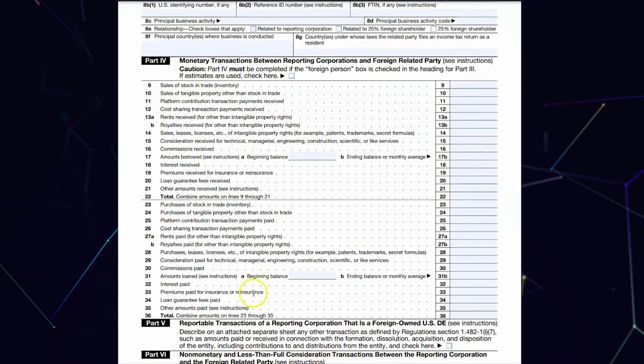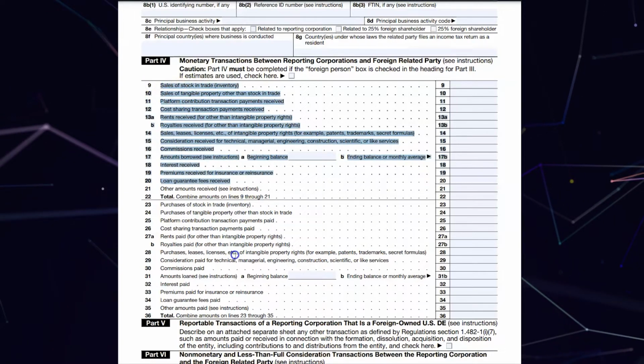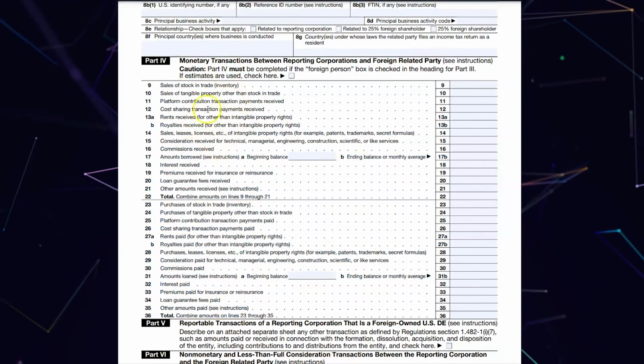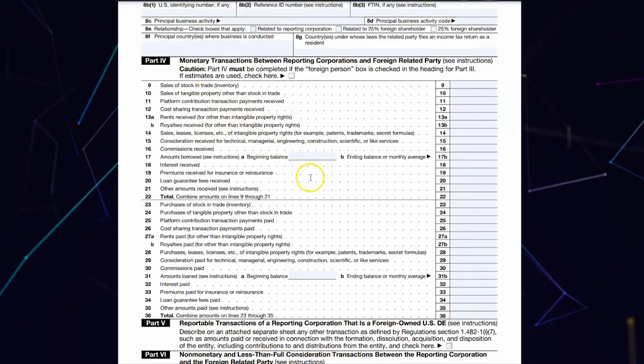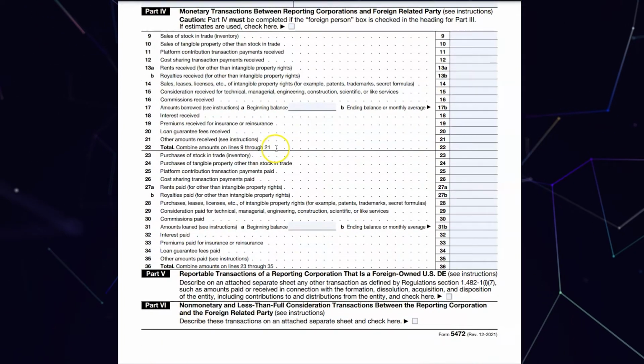So you go through all of this list to see if you have any transactions listed here. Normally, these transactions are expenses that either increase or decrease your U.S. tax base. And as long as it's a related party transaction, it needs to be reported.